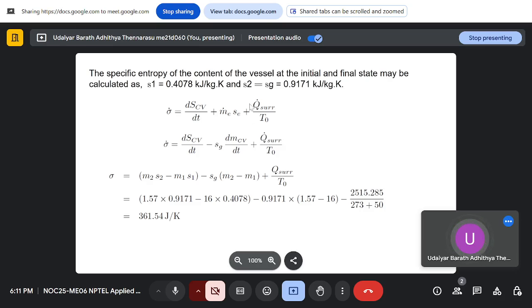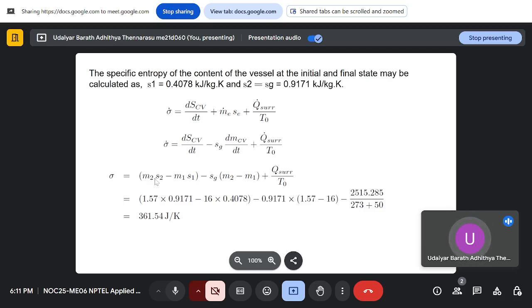So substituting these values here, dS_CV by dt is nothing but d(m s) by dt. So integrating it, we will get m2 s2 minus m1 s1 minus s_g, the gas which is leaving, times (m2 minus m1), plus Q surrounding by T naught.